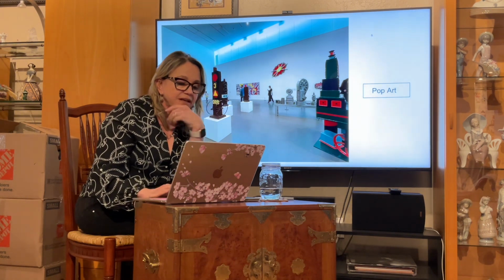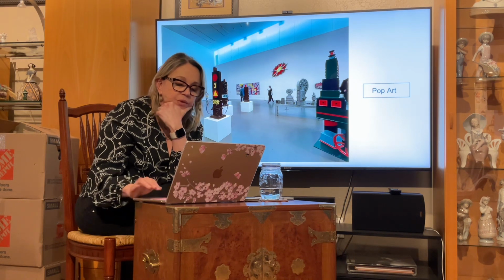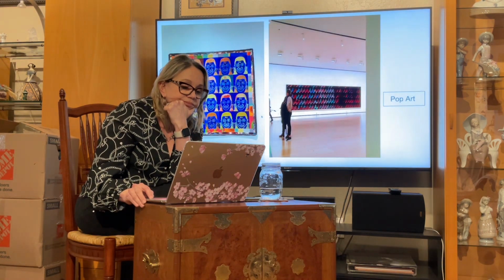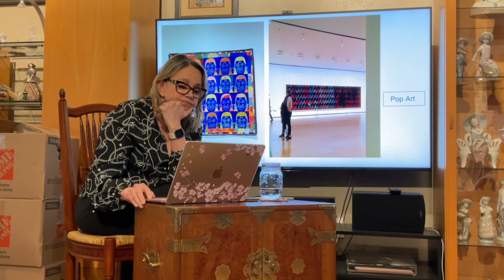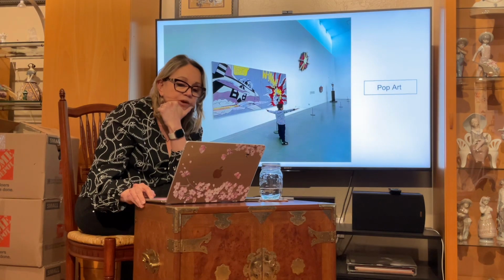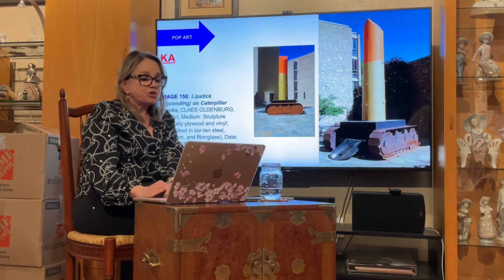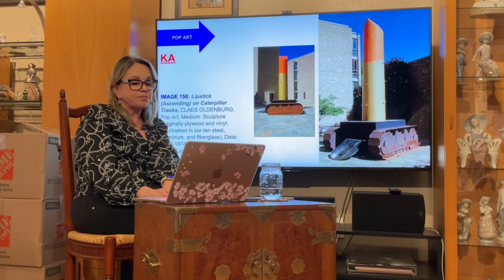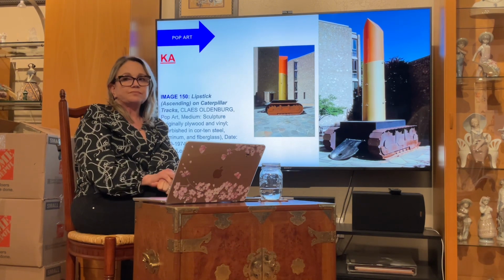Here we see the type that Lichtenstein created with the dots. Here we see one of the Marilyn triptychs. Pop art again. And then we come to Lipstick Ascending on Caterpillar Tracks by Claes Oldenburg. So what would Claes do?